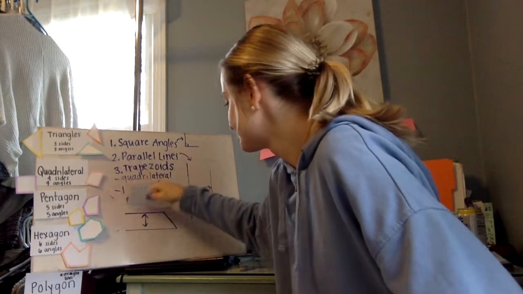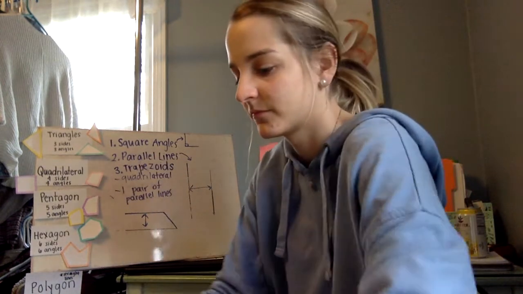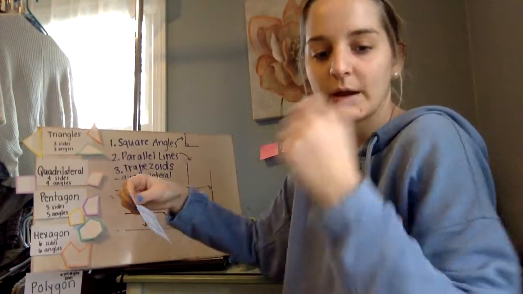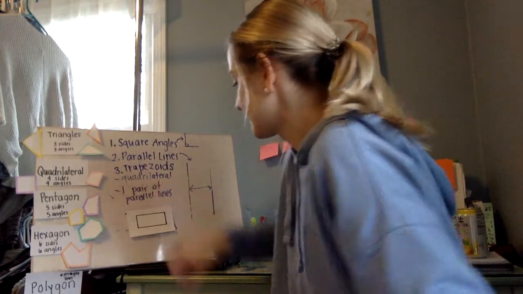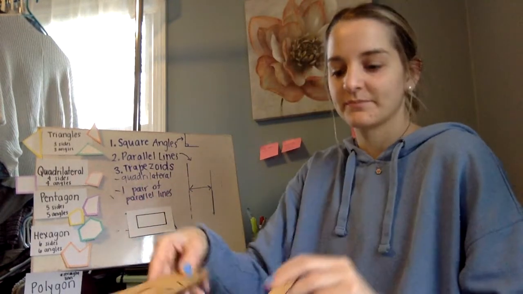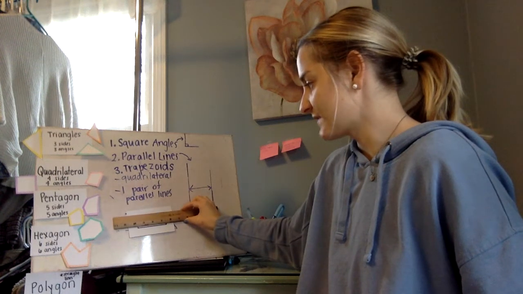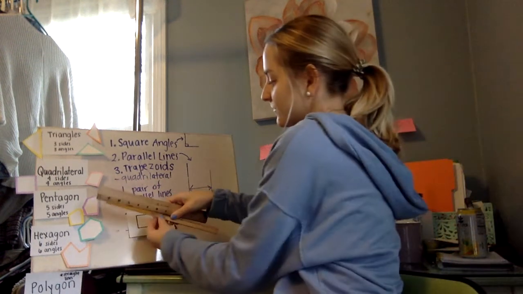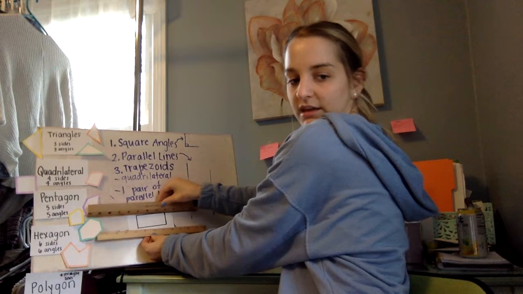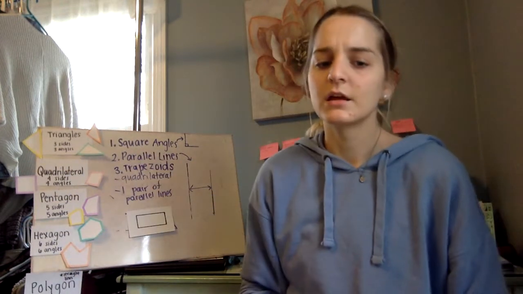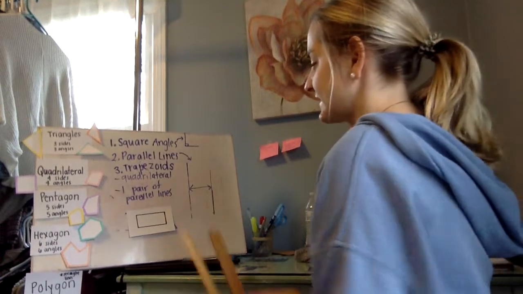Let's try another one. This one's going to be tricky, but I know Miss Palmer's going to talk about it tomorrow, okay? This shape, I know these two lines are parallel on the top and the bottom, because if we keep them here, they can keep going on forever and they'll never touch. But what about the other two sides?